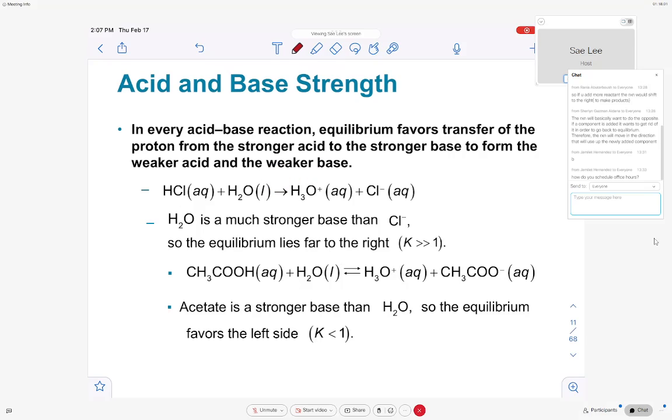The proton transfer in acid-base reactions is governed by how strongly bases attract protons, or how strongly bases steal the protons. So how strongly bases attract protons is very, very important.